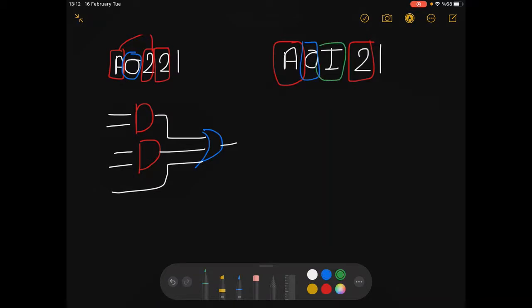Finally, we have an inverter here. So you have an AND gate, an OR gate here, and an inverter here in the end. So you have two inputs and one extra input connected to an OR gate, and it looks like this.